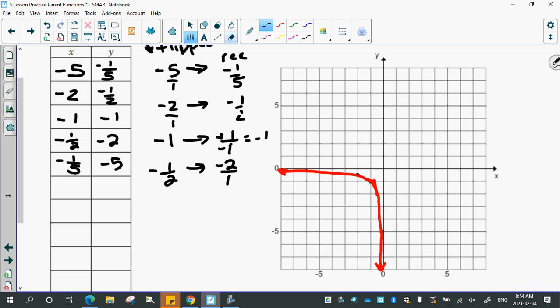So then I'm going to start at +1/5. If I put +1/5 in, take the reciprocal, I'm going to get 5. So 1/5 is really close to the y-axis, and then up to 5. If I put a half in, I get 2 out.